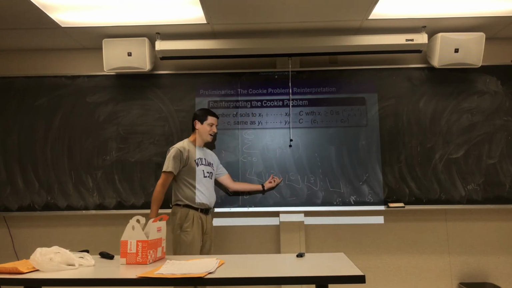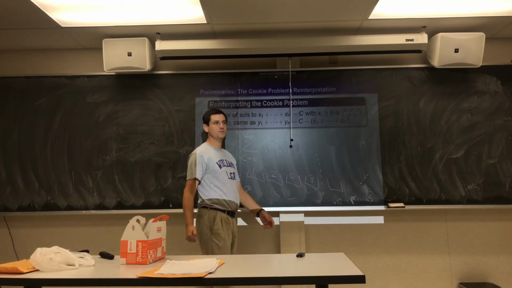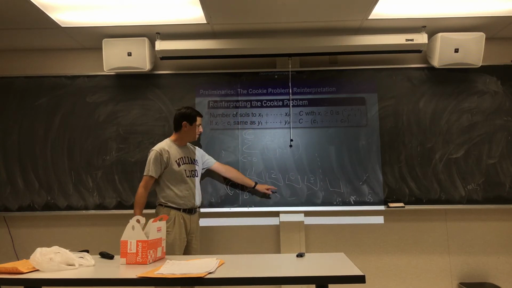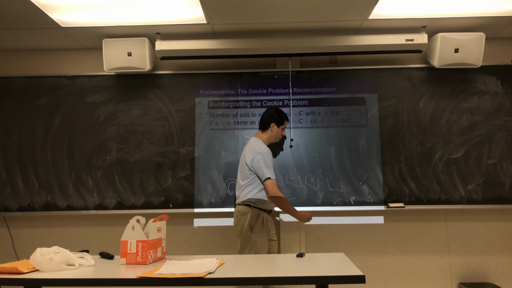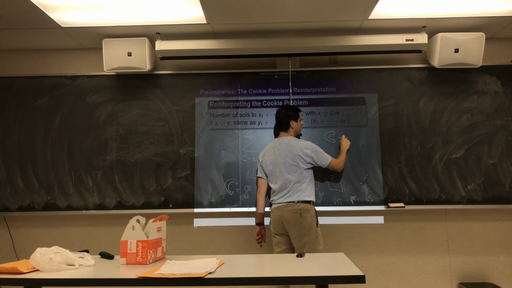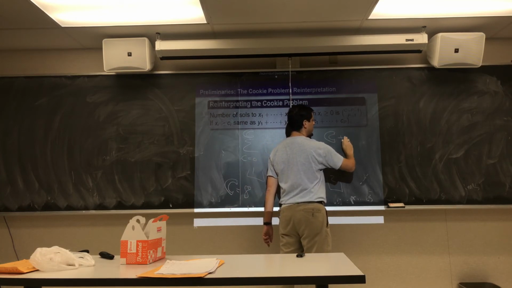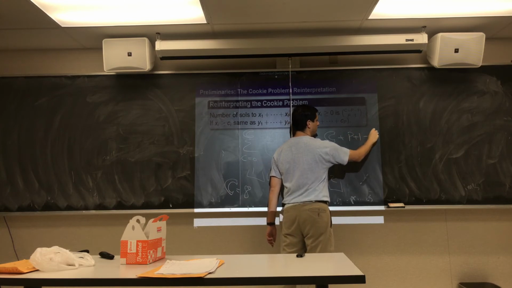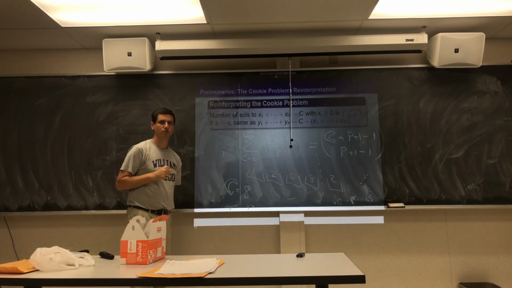And however many cookies I haven't given out, I just give those cookies to that extra person. So I have to get up to 8 cookies. If I've given out 6 cookies here, how many cookies does this extra person get? 2. So now I have big C cookies, and I have P plus 1 people. So it'll be C plus (P plus 1) minus 1, choose (P plus 1) minus 1. And that's just the proof by story.